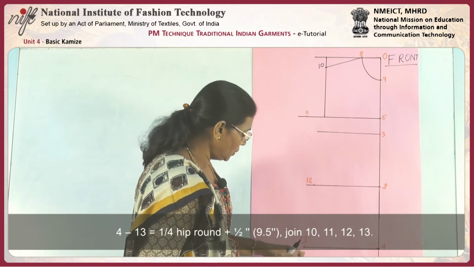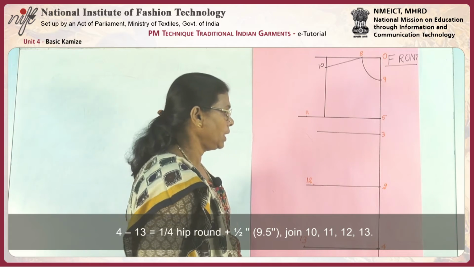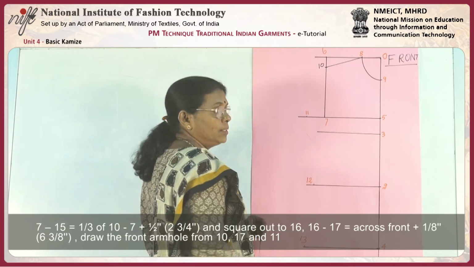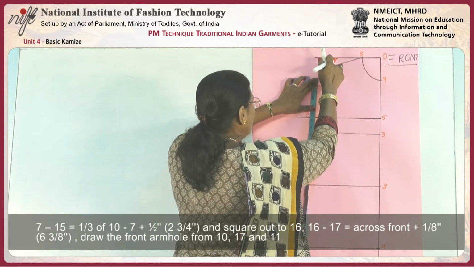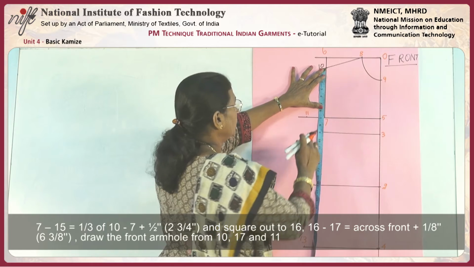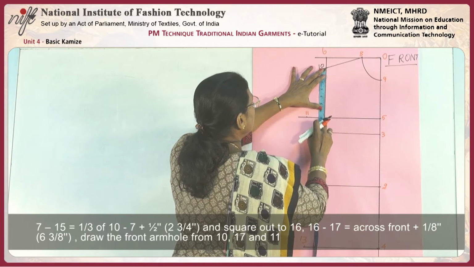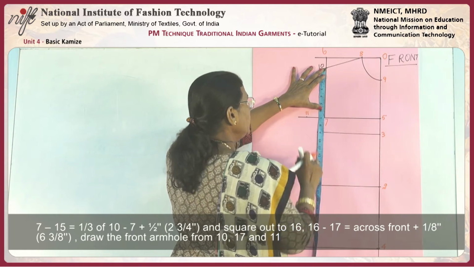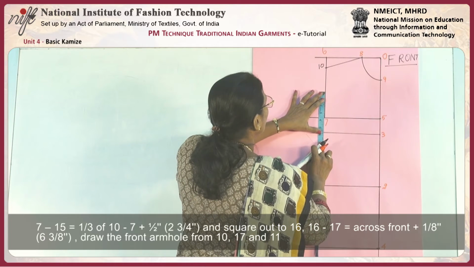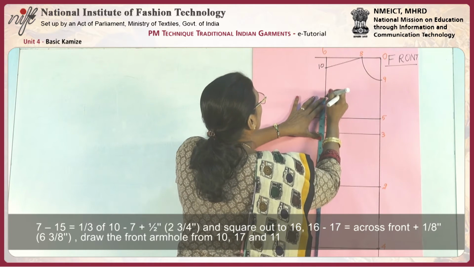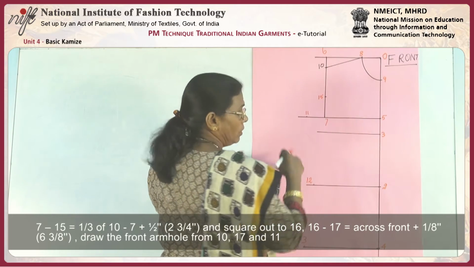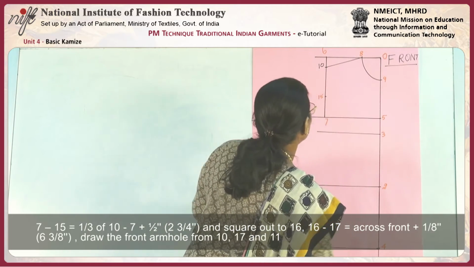And 14 is to be straightened from 13. 7 to 15 is 1/3 of 10 to 7 plus half an inch. 6 3/4, 1/3 is 2 1/4, plus half, 2 3/4. 15 is squared to 16.